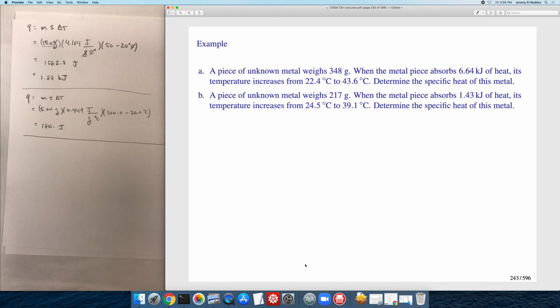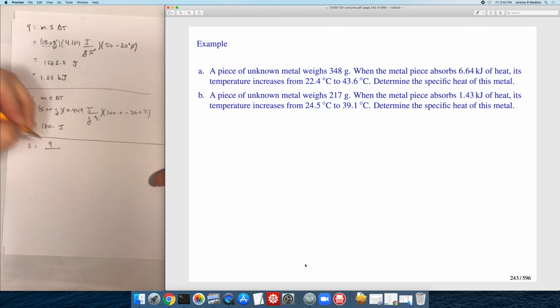So here we have an unknown piece of metal that weighs 348 grams. When the metal absorbs 6.64 kilojoules of heat, it's found that its temperature increases from 22.4 to 43.6 degrees Celsius. Calculate the specific heat. What we need to do is to rearrange the specific heat formula.